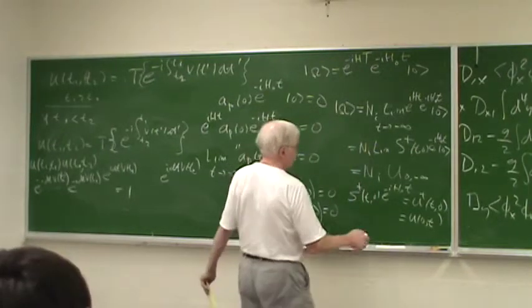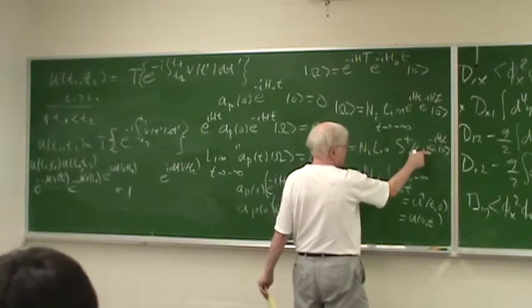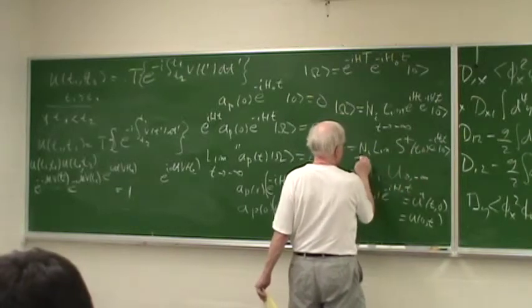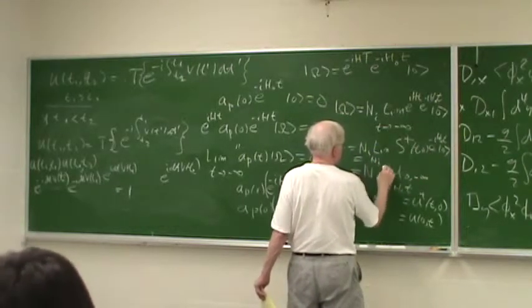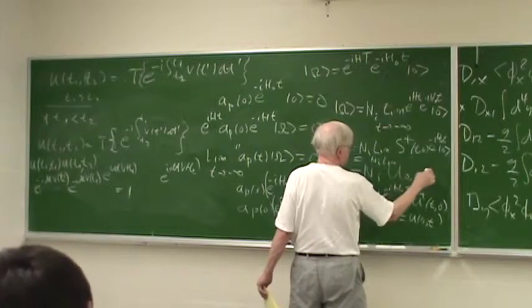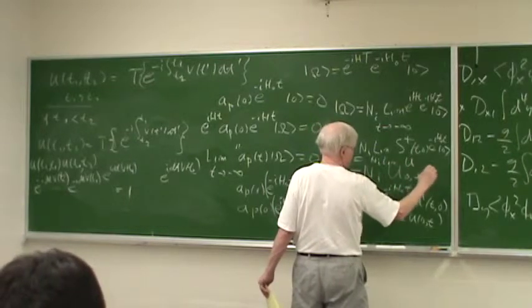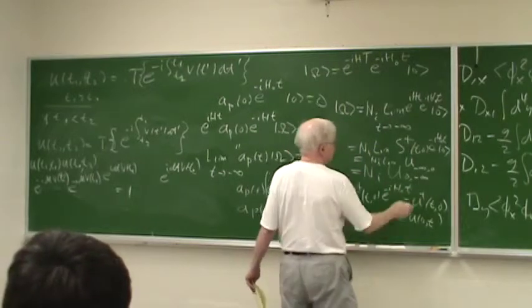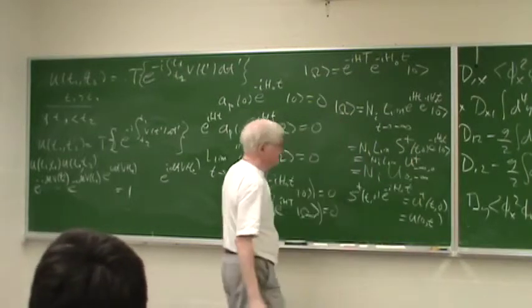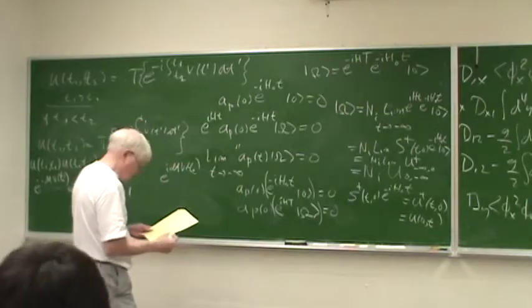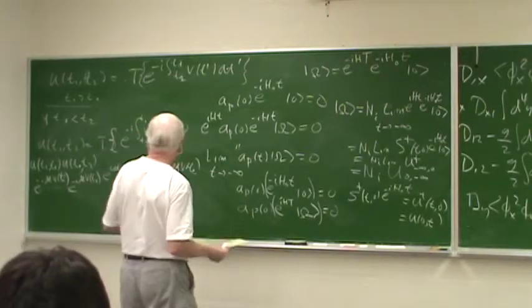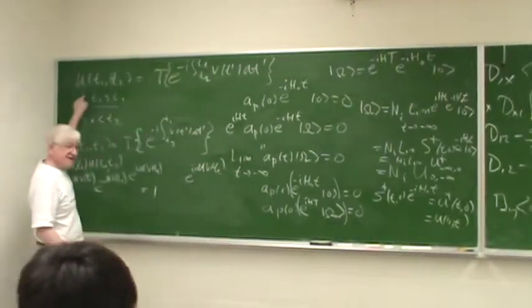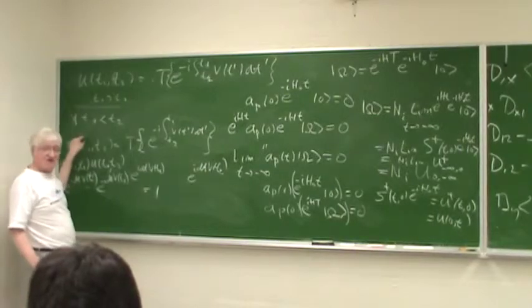And so that's one. So in other words, this thing here was actually, let me put in another equation. Ni lim, and this is U of minus infinity 0. Now, U dagger of minus infinity to 0 is the same thing as U of 0 minus infinity. And I suppose that's why he did this funny business here.